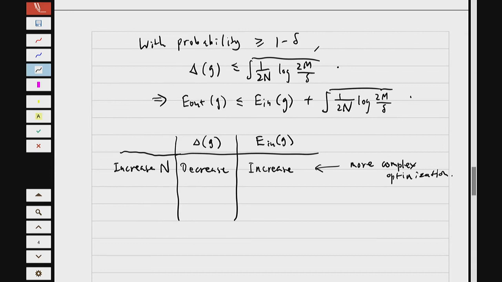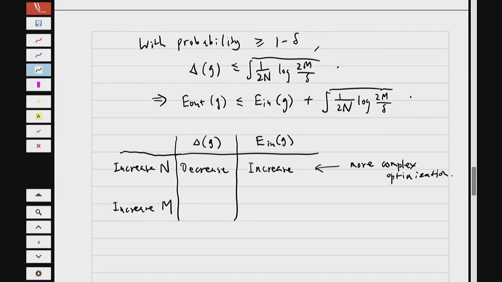Now how about in terms of M? M is the number of hypotheses we have. How complex my model is, right? The more complex the model, the more hypotheses inside that you can choose from. If you have many hypotheses to choose from, what happens to delta G?